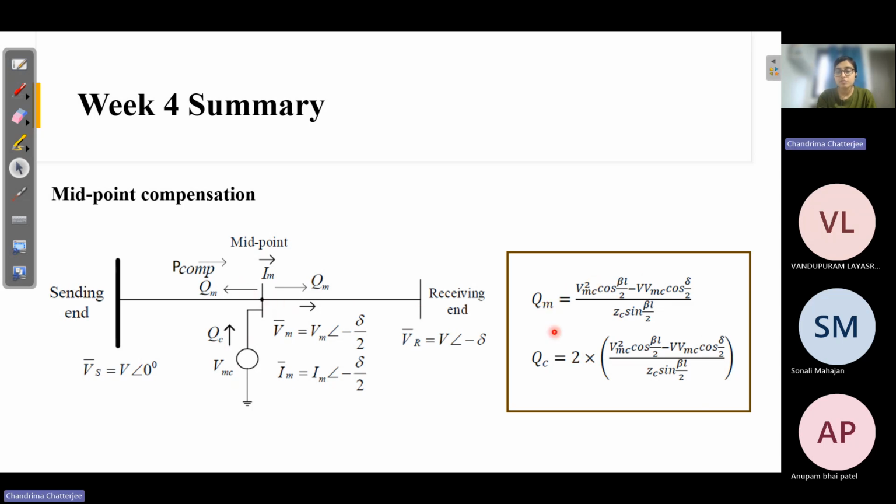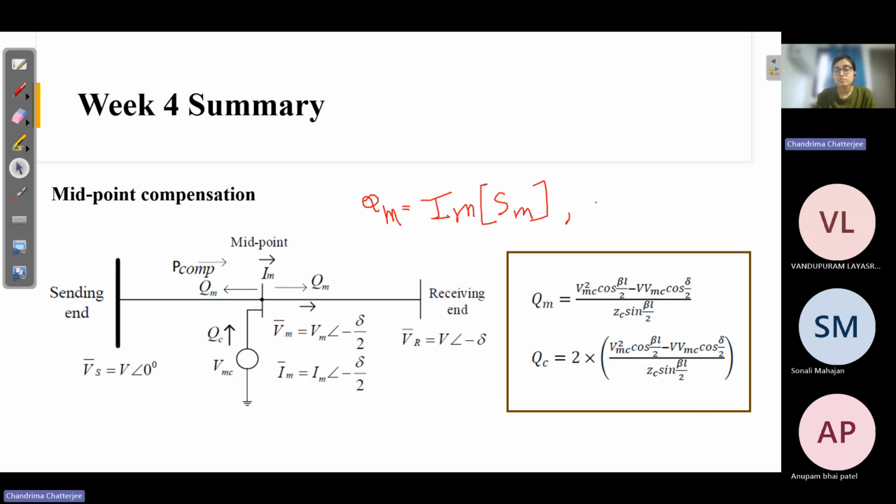The expression of QM is like this, and QC is twice QM. And how will we find QM? That we already saw in our last class, the same way we found it for the normal case. This is the imaginary part of SM, right? The imaginary part of SM is QM.